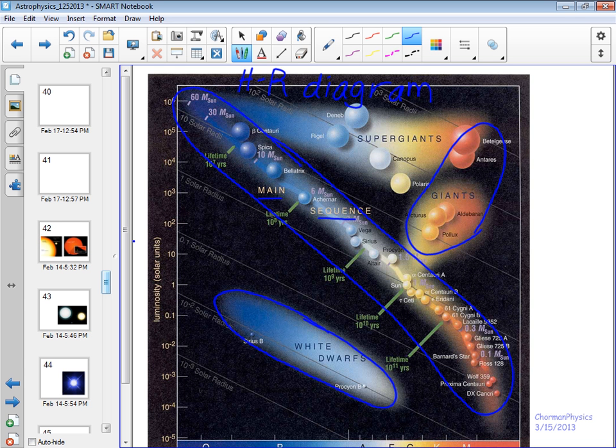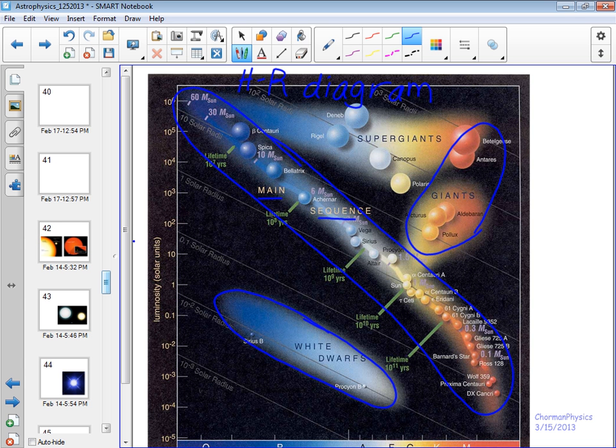All main sequence stars are going to end up evolving into a red giant, actually all except for some of these smaller little red ones here. But most of the stars on this sequence will evolve as long as they're above a mass of 0.25 solar masses.